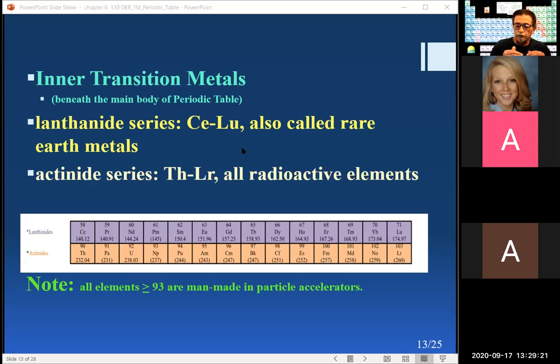The second row is called the actinide series. All of them are radioactive. In fact, starting with number 93 and above, those are all man-made elements. They put them in a particle accelerator where you're blasting particles into each other at very high speeds.